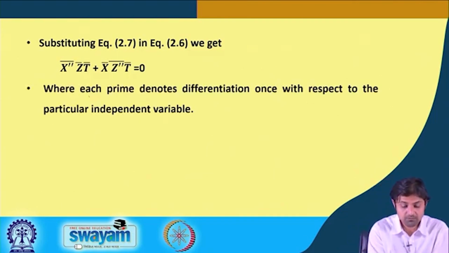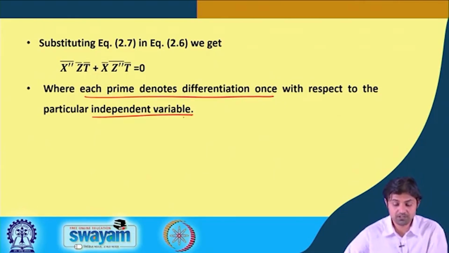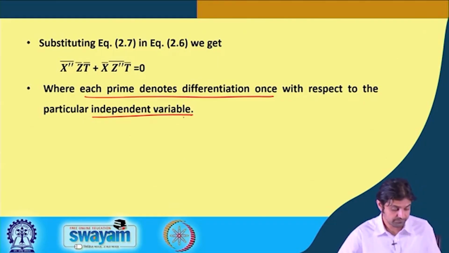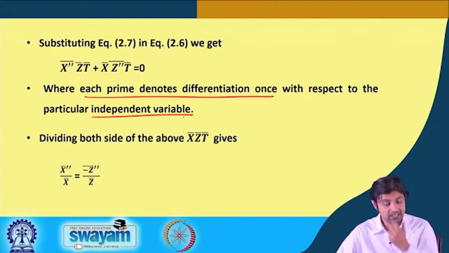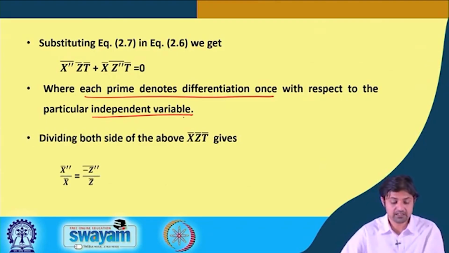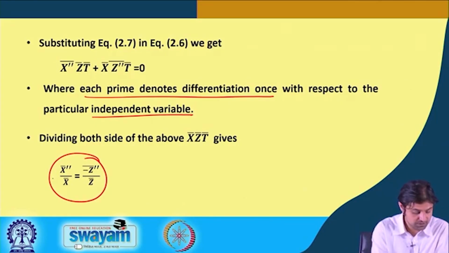Here each prime denotes the differentiation once with respect to the particular independent variable, so double means double differential. Now, if we divide both sides by X bar, Z bar and T bar, we get X double prime bar by X bar is equal to minus Z double prime bar by Z bar. This is the equation that we get.